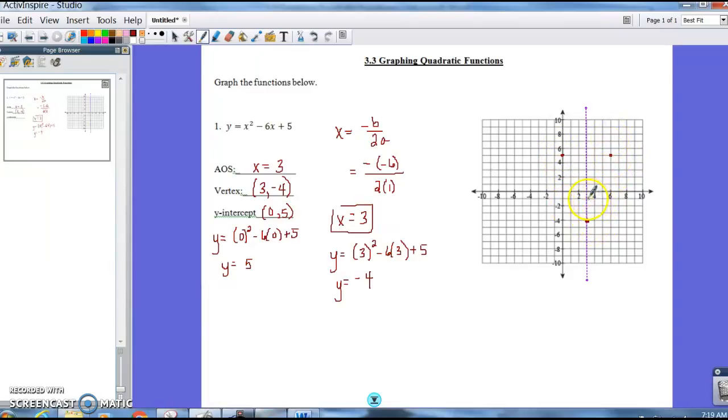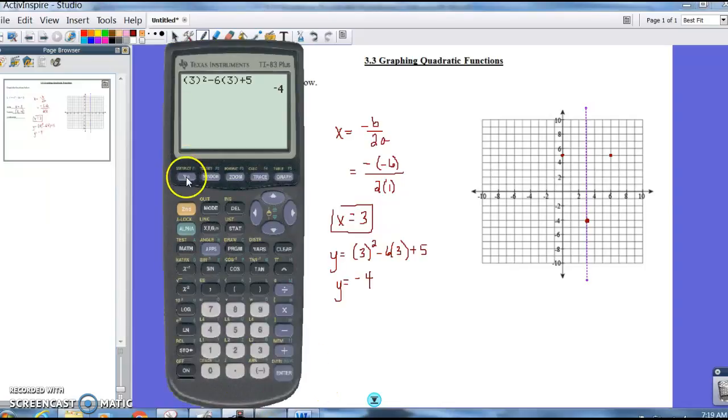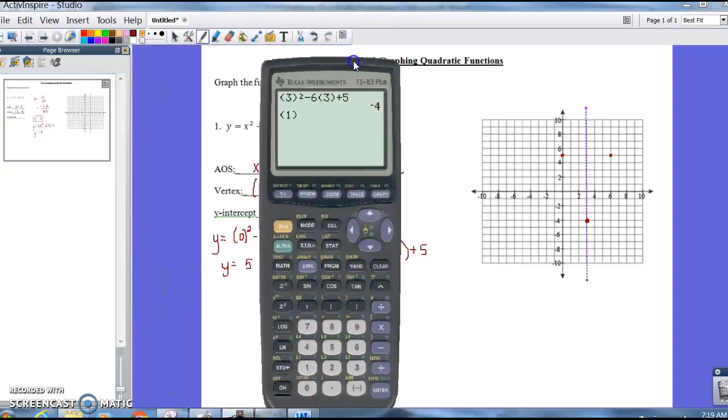I probably would pick one more just to make sure I have the shape correct. So I might pick a point between that y-intercept and that axis of symmetry. So maybe I'll just pick 1. And I'll plug x equals 1 into my equation. So if I do 1, let's see, where's my equation? Right here.